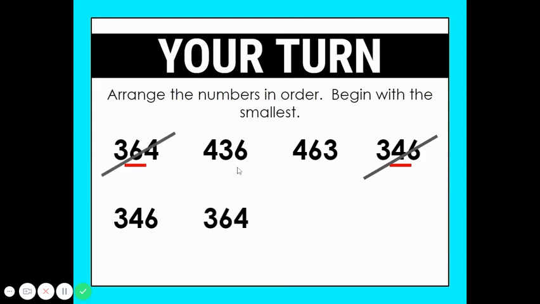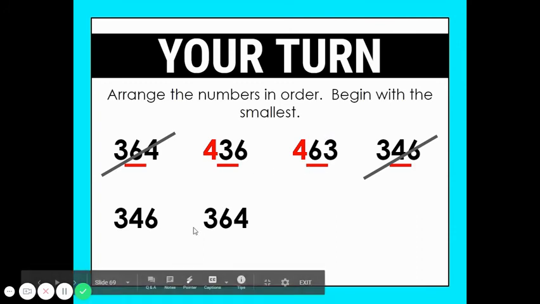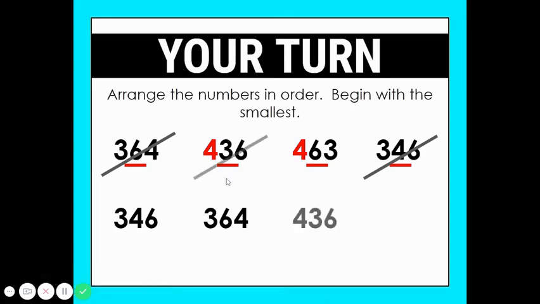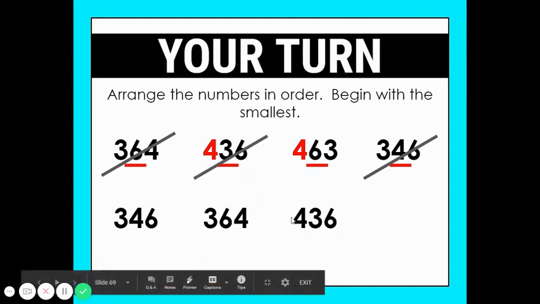All right, so now I'm going to look at my two numbers that had the 4 in the hundreds. They both have the 4, so I'm going to look at the tens place. 436 has a 3 in the tens, and 463 has a 6 in the tens. So remember, I'm going from smallest to biggest, so I want the smaller number. So that means my 3 in the tens is smaller. So I'm going to take my 436, and that's going to go next.